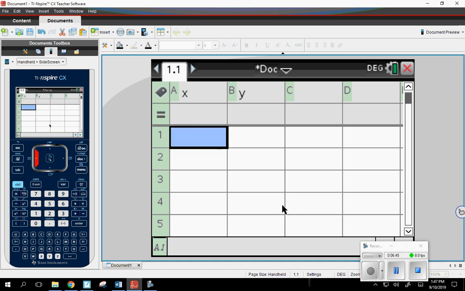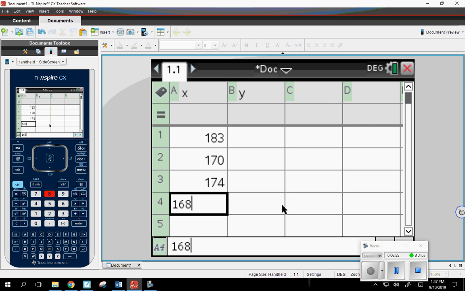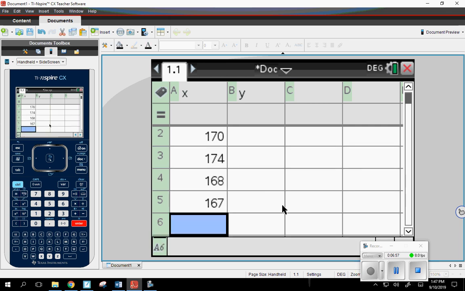Okay, and follow along. We have 183, 170, 174, 168, 167, 177, then we have 162, 167, 169, 163, 161, 172, 160, 160.